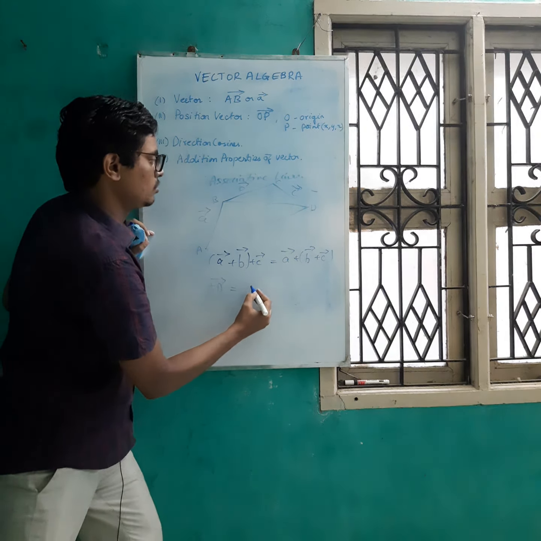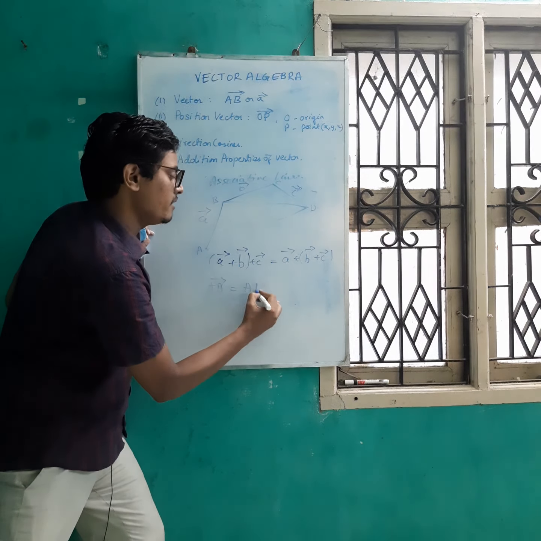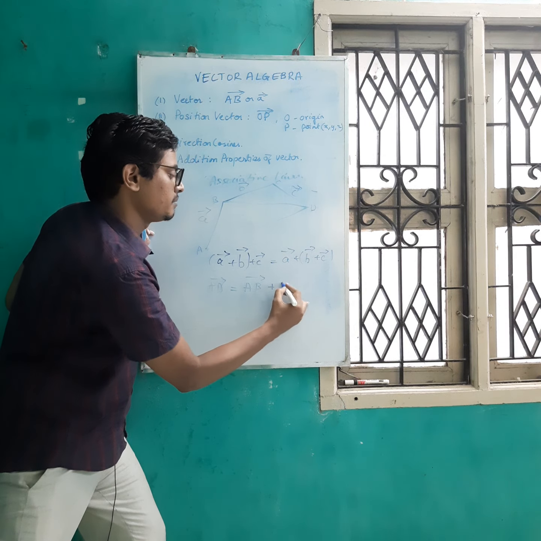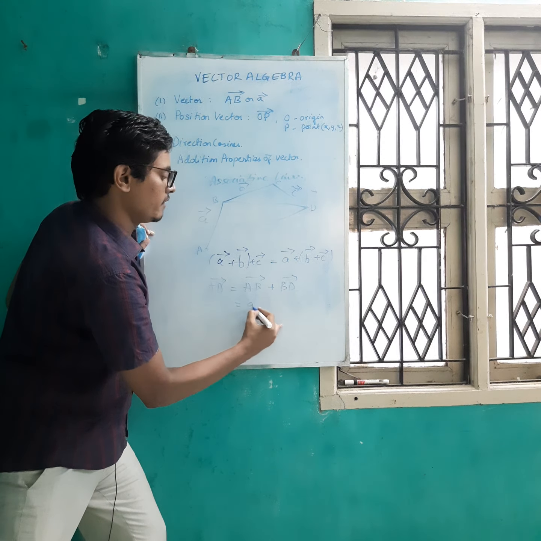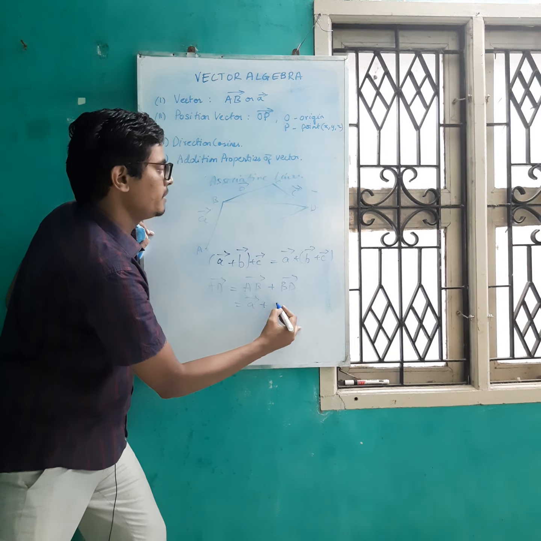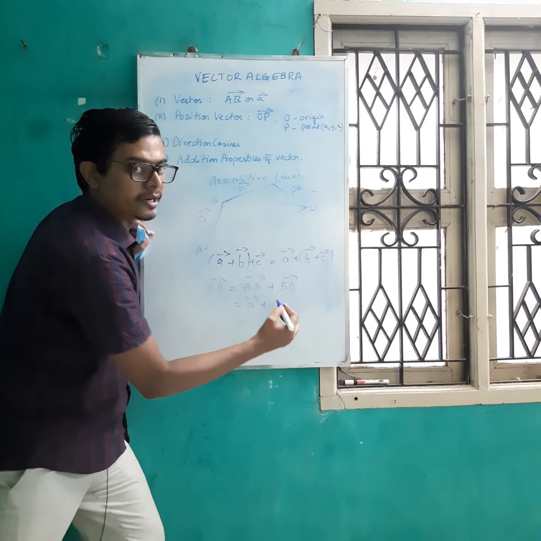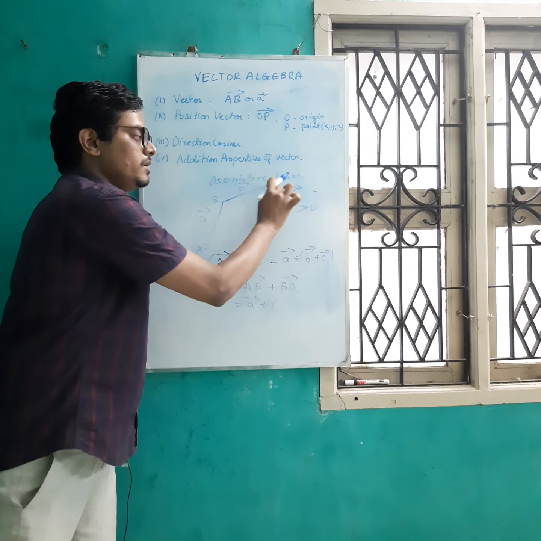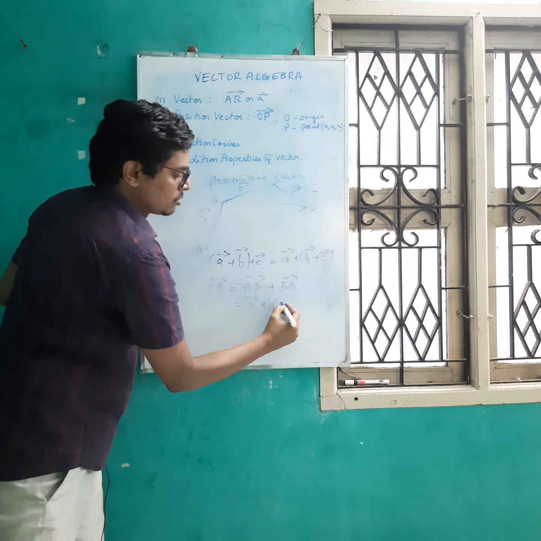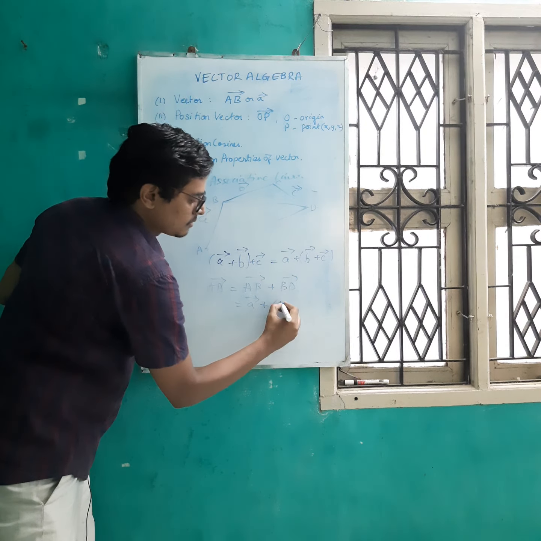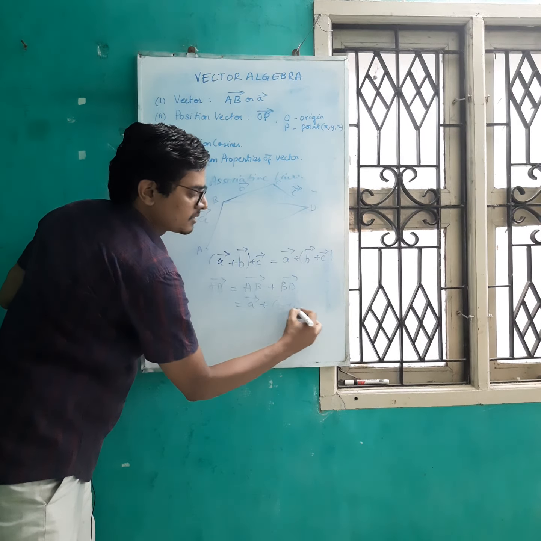That is equal to AB vector plus BD vector. AB vector is A vector, and BD vector is, according to triangle law, B vector plus C vector. So this one is B vector plus C vector.